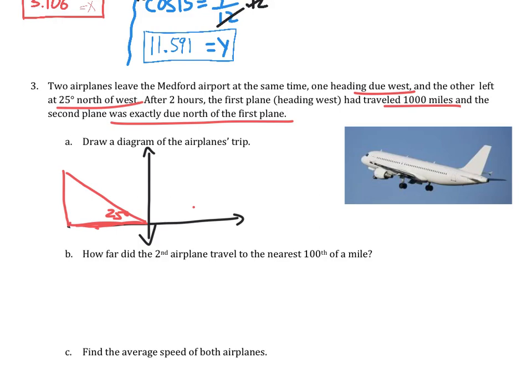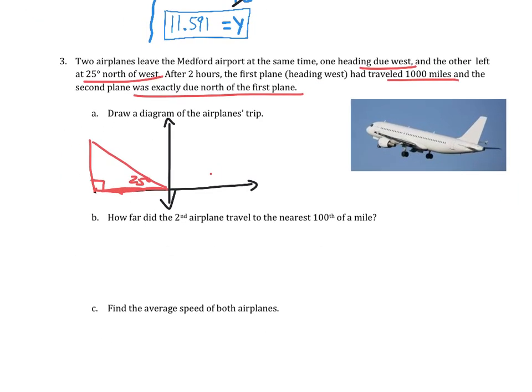So that gives us a 90-degree angle there. Okay. And we know that the first plane that was going due west had traveled 1,000 miles. Okay. So the question is, how far did the second plane travel to the nearest hundredth of a mile?